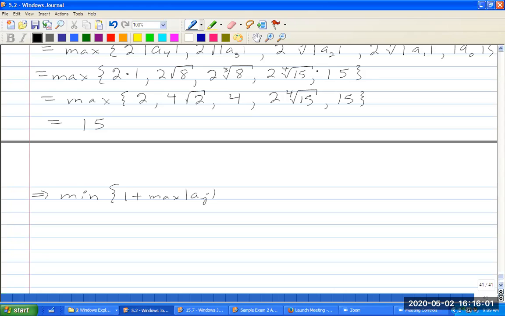Oh, 2 rad 8, not that it really matters, because 8 can be written as 4 times 2, and the square root of 4 is 2. And so if you have 2 rad 8, then 2 times 2 is 4.